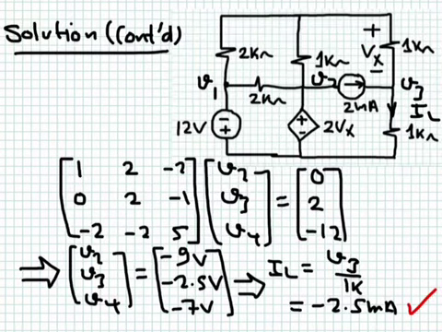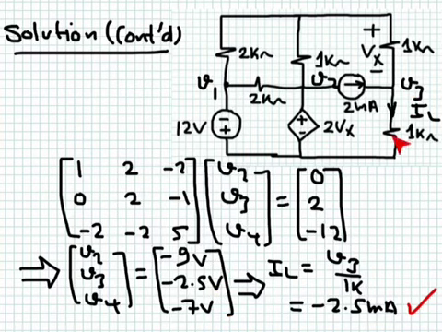Okay, we did that, and we put them in a matrix form. And remember, the right hand side will be voltages because you are summing and adding voltages. You can use substitution, Gauss elimination, or the method of determinants. I used my calculator and obtained that V2, V3, and V4 are minus 9, minus 2.5, and minus 7 volts.